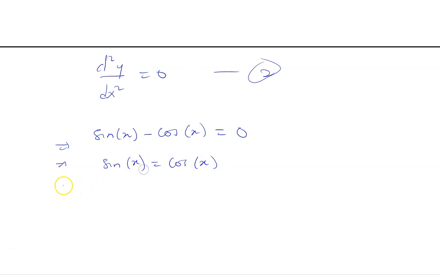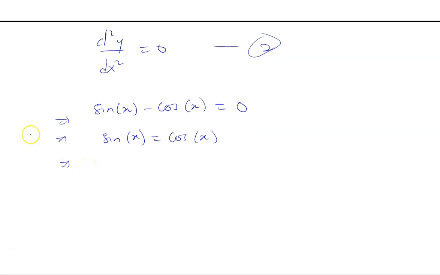Let me divide both sides by cos x, so that I can derive tan x from this, because I know that this is sine x over cos x.